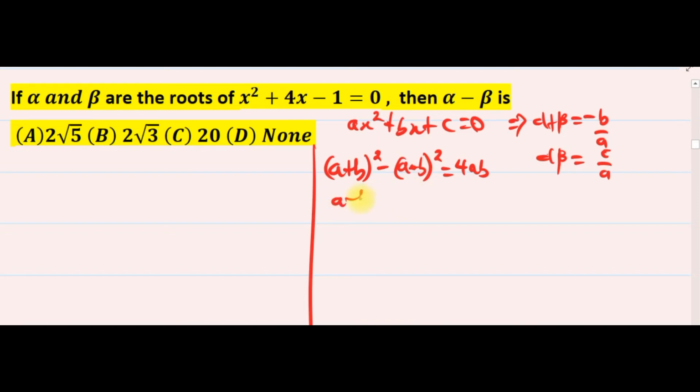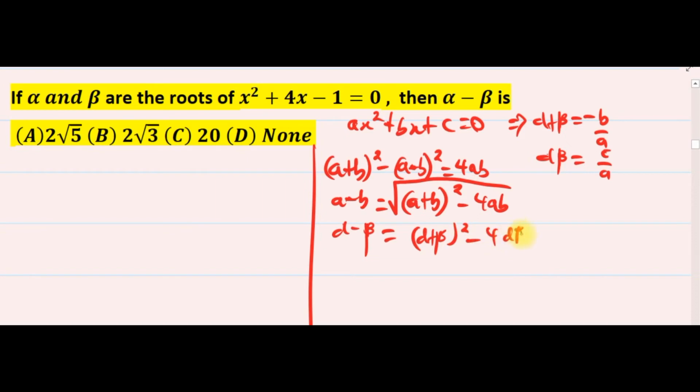So a minus b is the square root of a plus b all squared minus 4ab. So we can easily relate it to this. If we are asked to find alpha minus beta, the difference of the roots is the square root of alpha plus beta squared minus 4 times their product. So that's what I'm going to use.